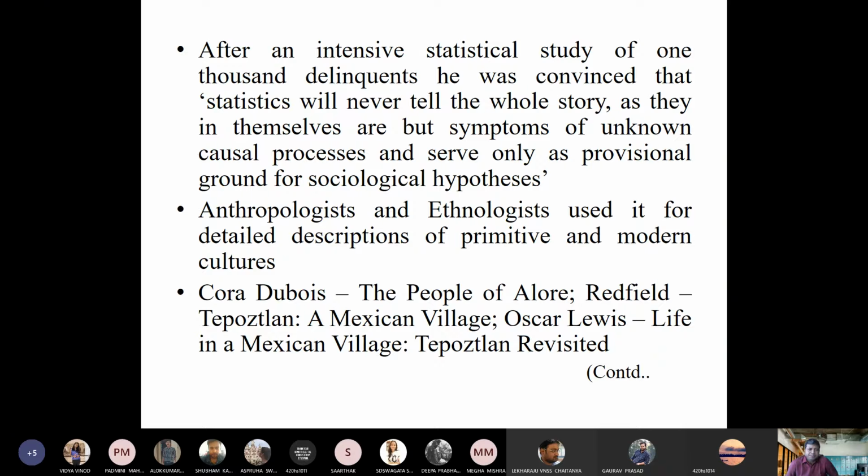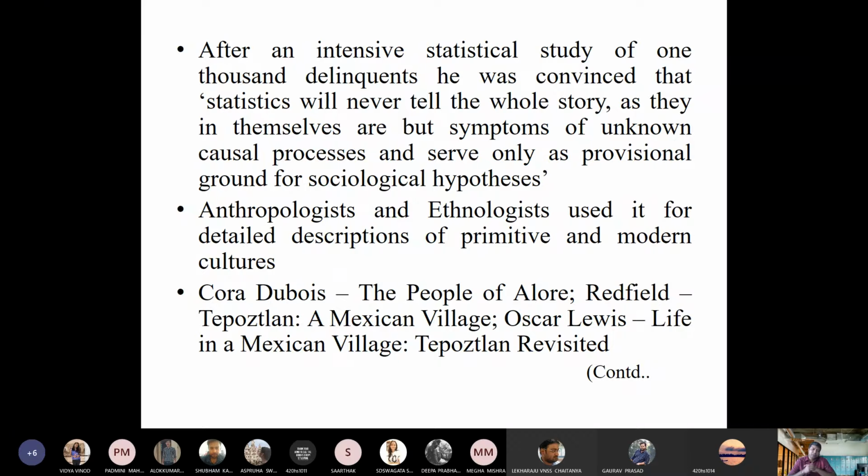So he thought that some alternative method is essential to grasp the entire story, and that statistics, as they are in themselves, are but symptoms of unknown causal processes and serve only as provisional grounds for sociological hypotheses.